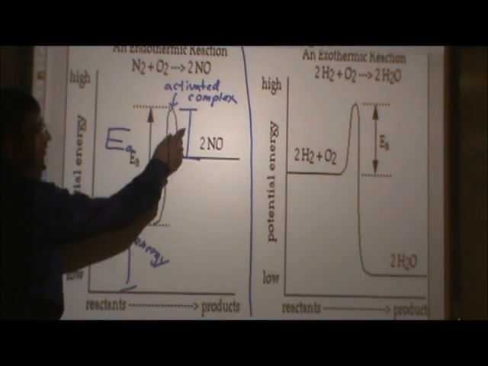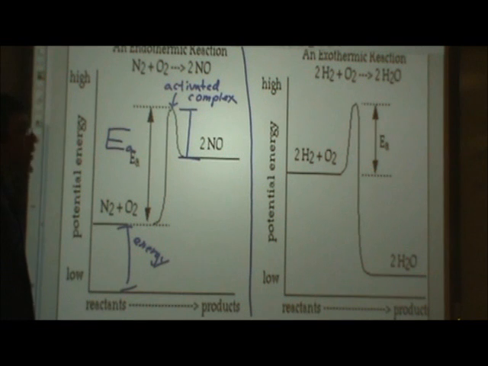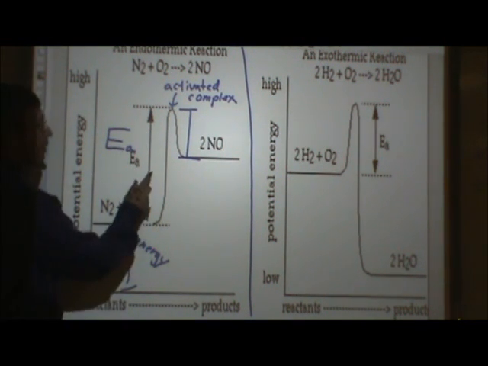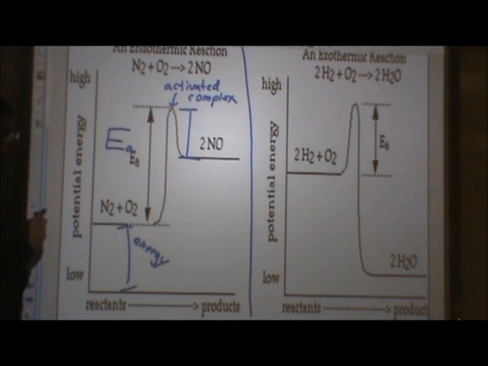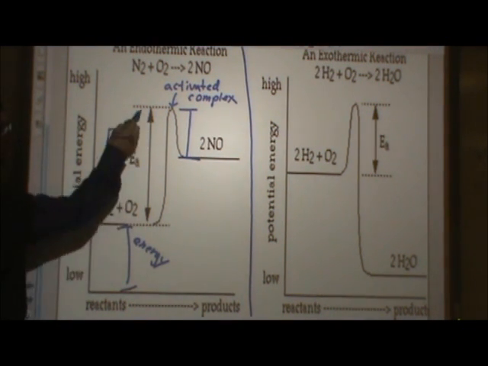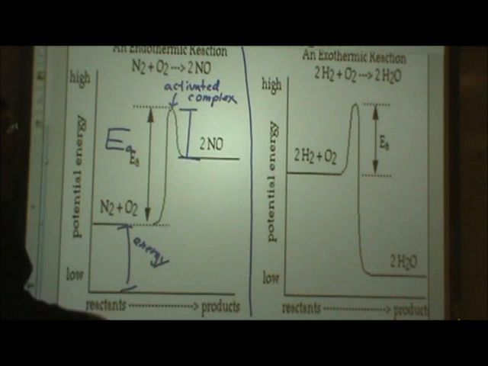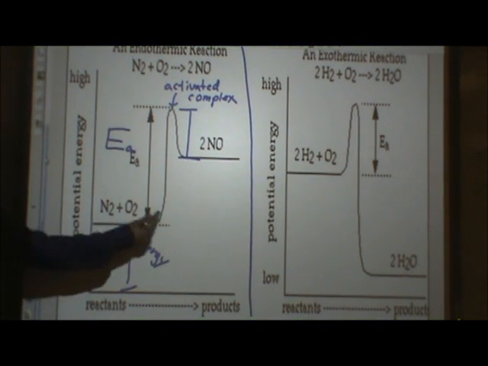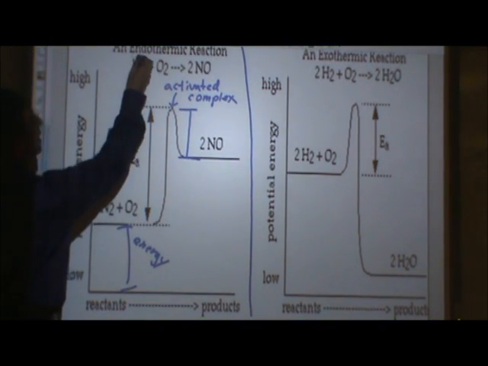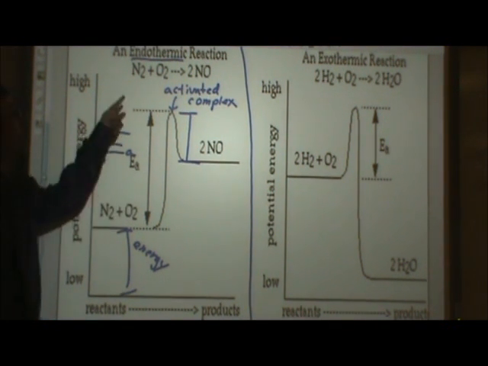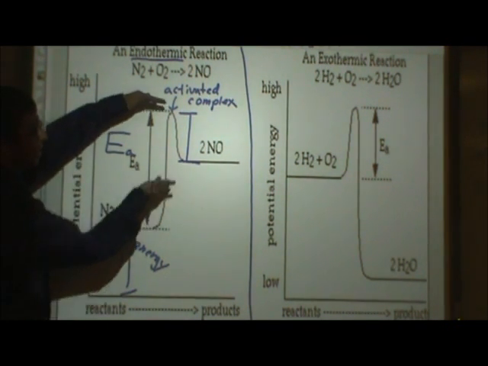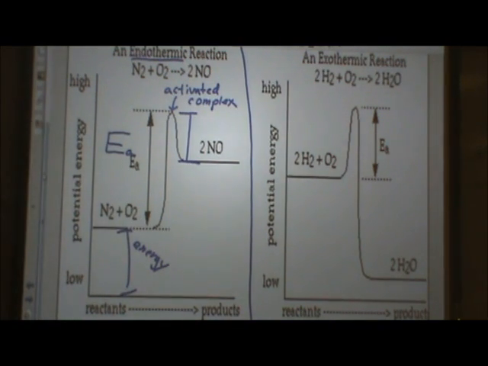So this area right here is how much energy goes out of the reaction. If I compare how much energy went in to how much energy went out, I can see a lot more goes into this reaction than comes out. So, if a graph looks like this, we call it endothermic. More energy comes in than goes out.